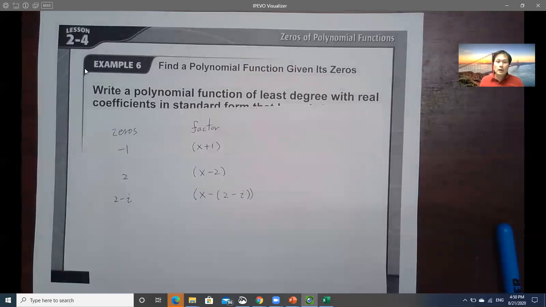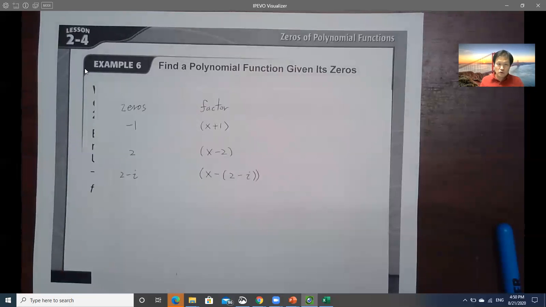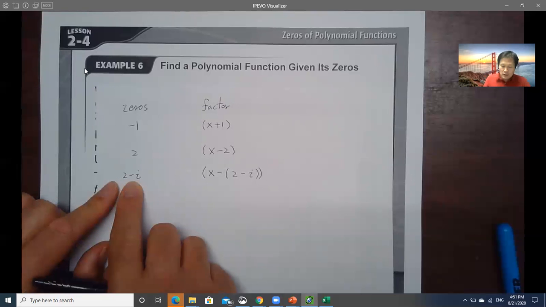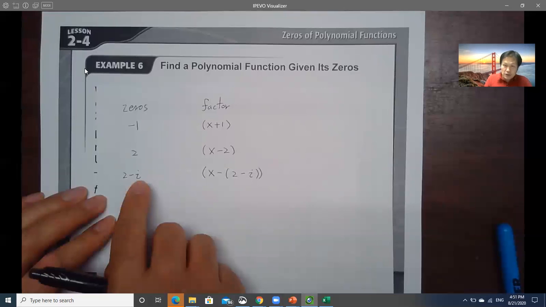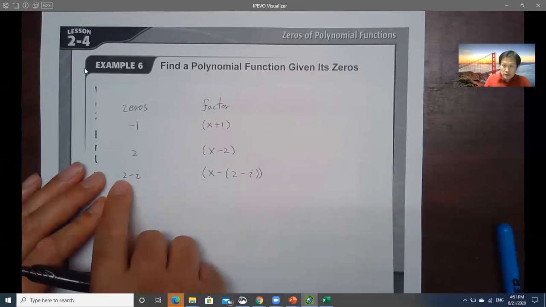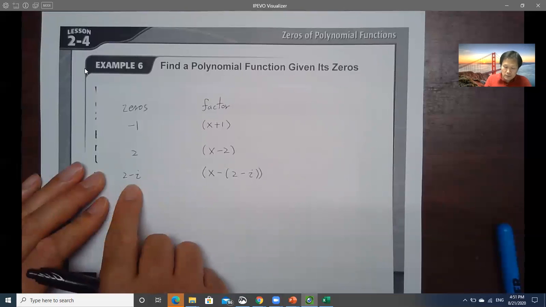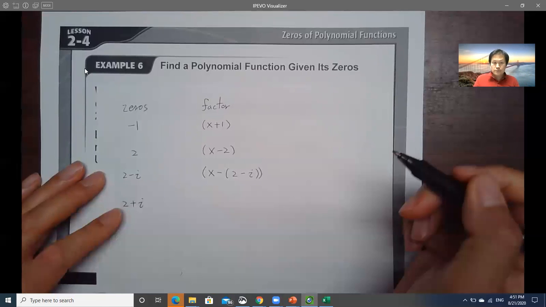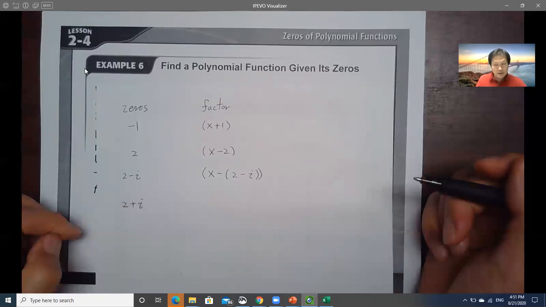Here's one more catch. When you have a zero that is an imaginary number, its complex conjugate is also a zero. Complex conjugate means changing the sign of i. So when I give you 3 zeros, since 2 minus i is imaginary, 2 plus i is also a zero, even though I did not specify.